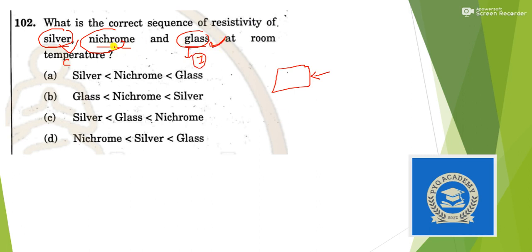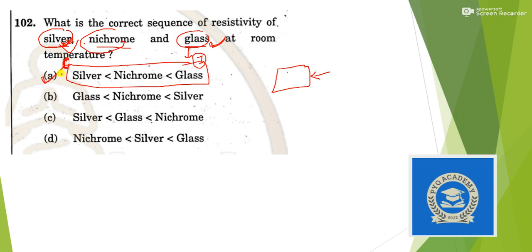Now let's compare between silver and nichrome. You know that silver is the most conductive material. It is the best conductor, so it will show very less resistivity. That means the resistivity of silver is less than nichrome and resistivity of nichrome is less than glass. So this is the correct sequence.